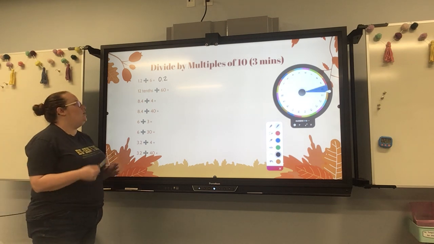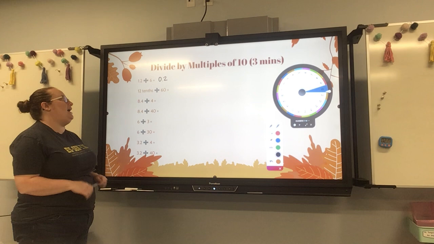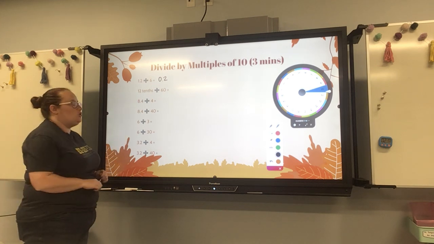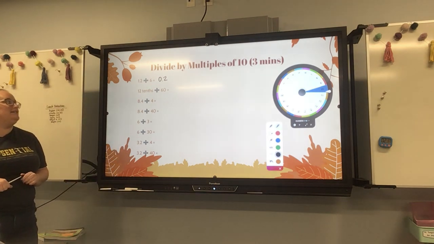Number 10, what's 12 tenths divided by 60?